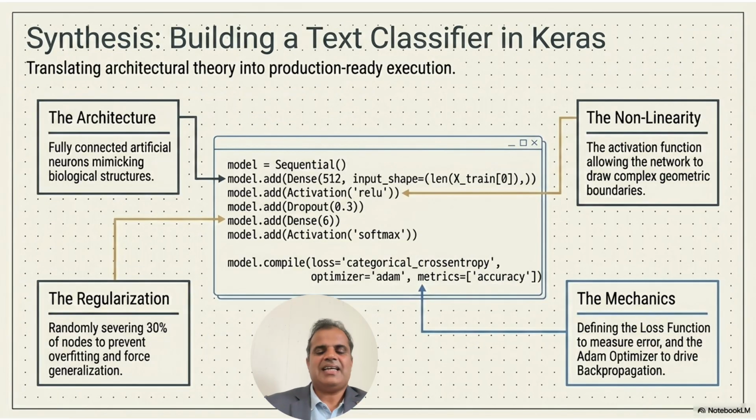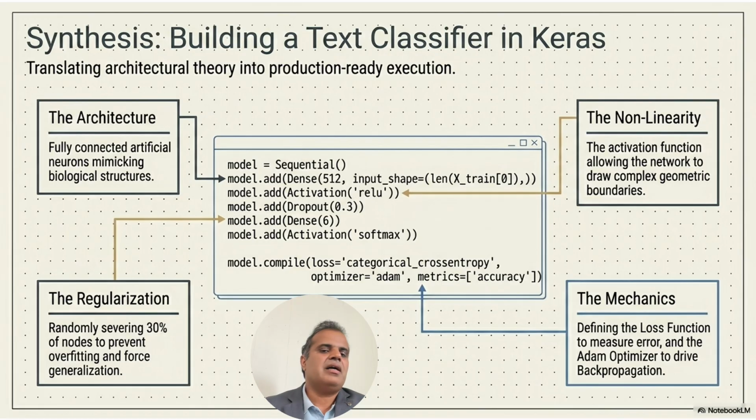Let's synthesize everything we have discussed by translating this architectural theory into production-ready Python code using Keras. We instantiate a sequential model and construct our architecture by adding a fully connected dense layer with 512 nodes.